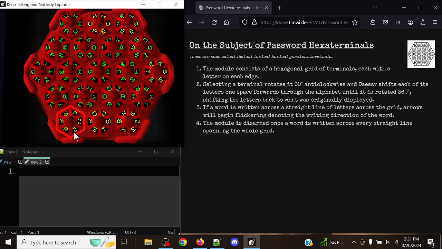Nothing is immediately coming to mind. And just make sure that you give it a moment so that the arrows do flash. It doesn't immediately show up. So just be very careful that you have to wait a minute.